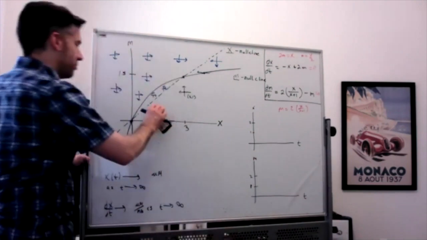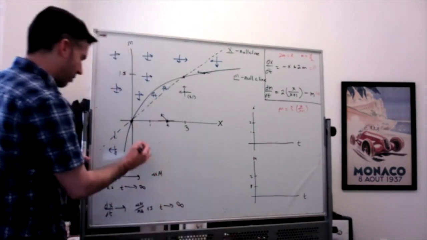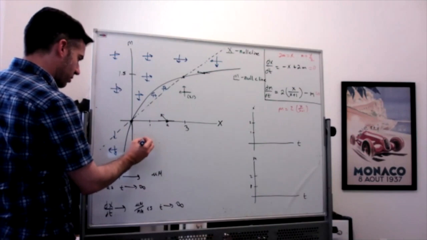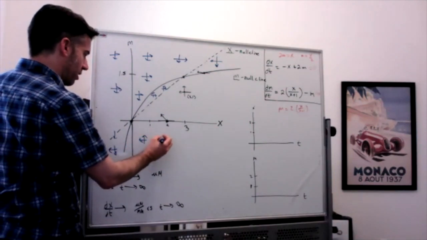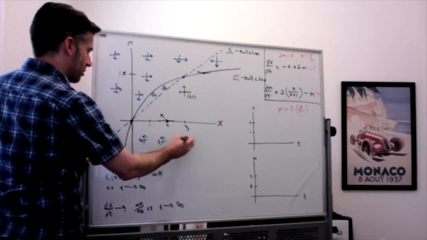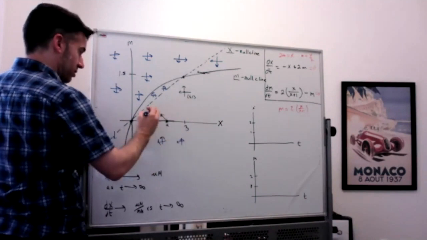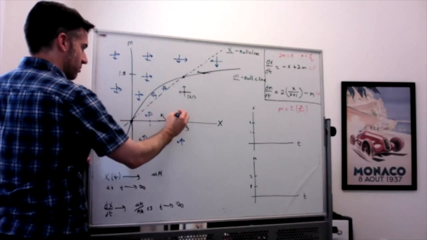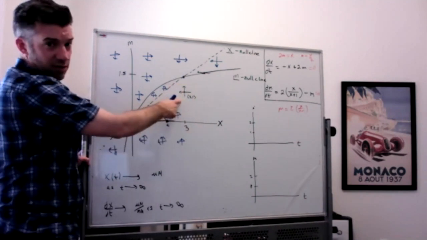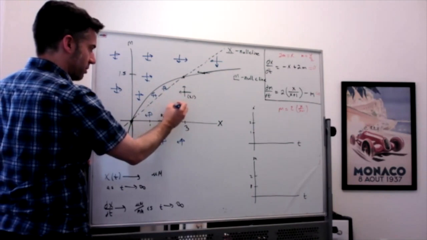Sorry about that. So over here we are still left and up. Same up here. This is not a null line, this is just the axis. We're in the same region as our original test point, so it should be the same.